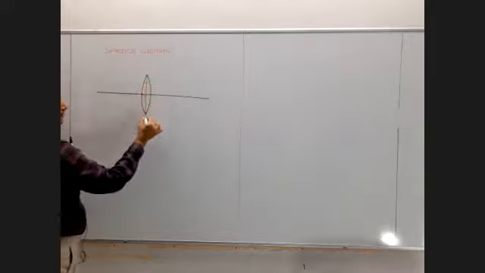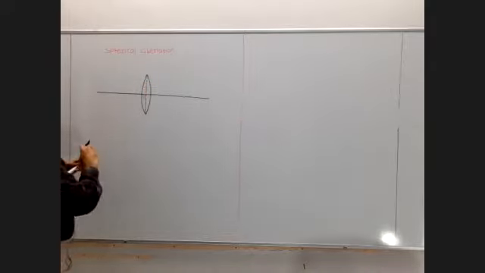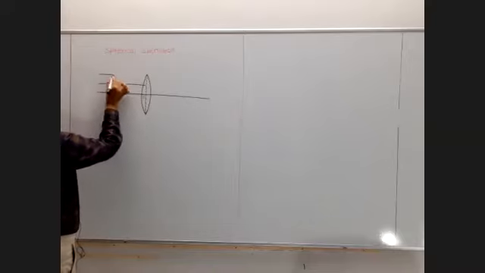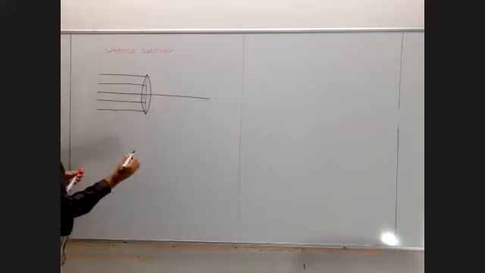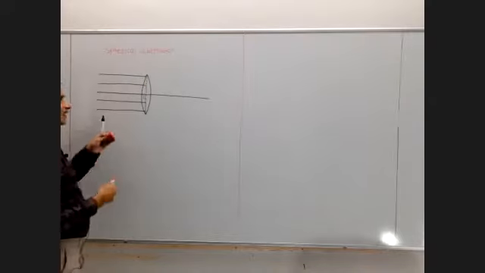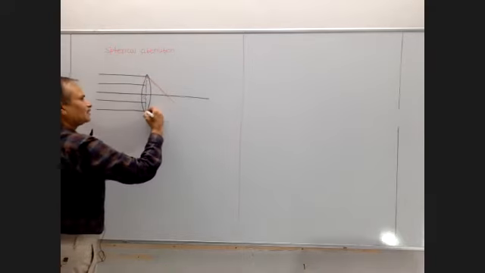If this aperture is large, then the rays which are near the edges will fall at Fm because they are called marginal rays.